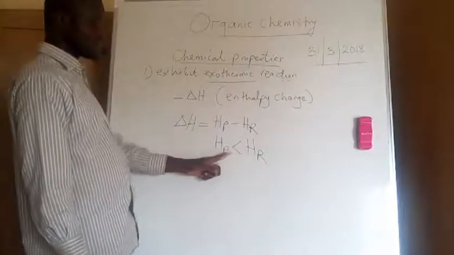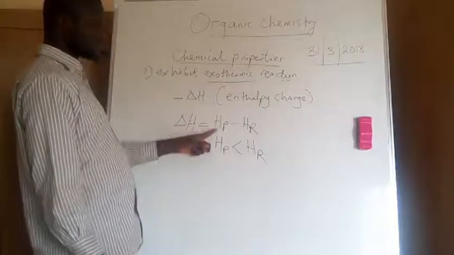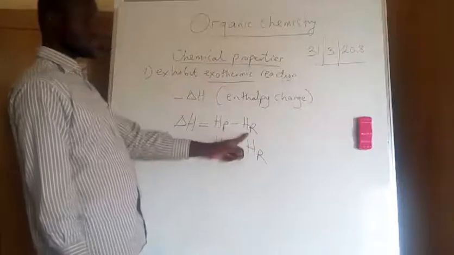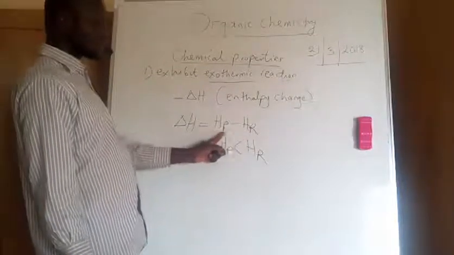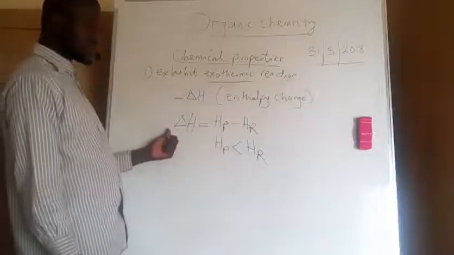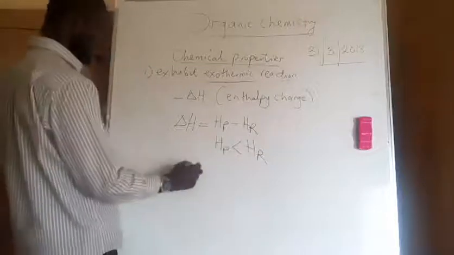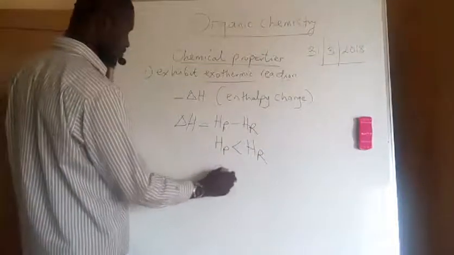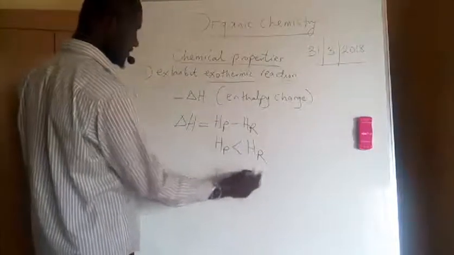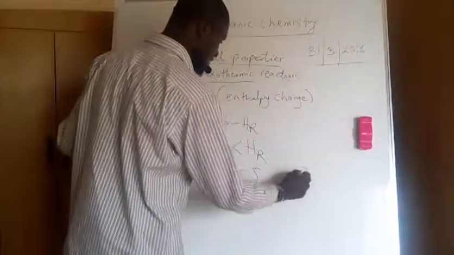So if enthalpy change is heat of product minus heat of reactant, and the heat of product is less and the heat of reactant is higher, a lesser number minus a higher number always gives you a negative value. This is why we have a negative enthalpy change. For instance, if I have my HP, heat of product, as 2, and my heat of reactant, let's say, is 5, then 2 minus 5 gives minus 3.